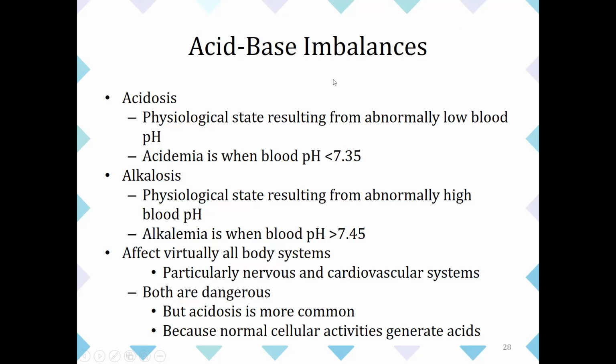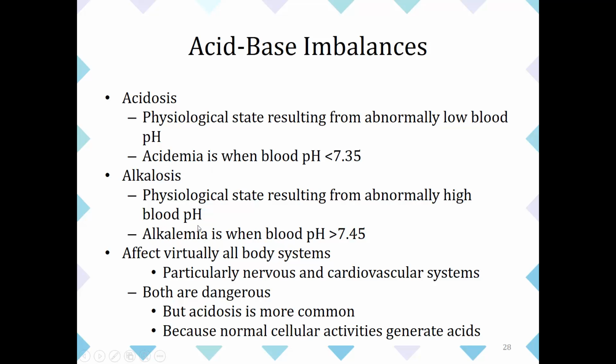So how does acid-base balance work? We have 4 acid-base imbalances. 2 are acidosis conditions. This is a physiological state where our blood pH gets low, it gets acidic. Alkalosis is the physiological state where our pH gets high.